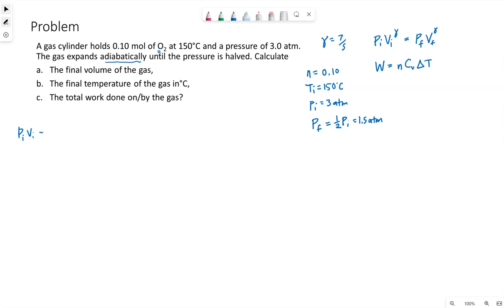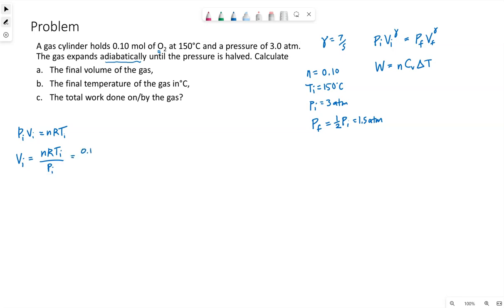So PV equals nRT. If I use initial pressure and initial temperature, this will give me my initial volume, which I can then use with that relationship to find the final.